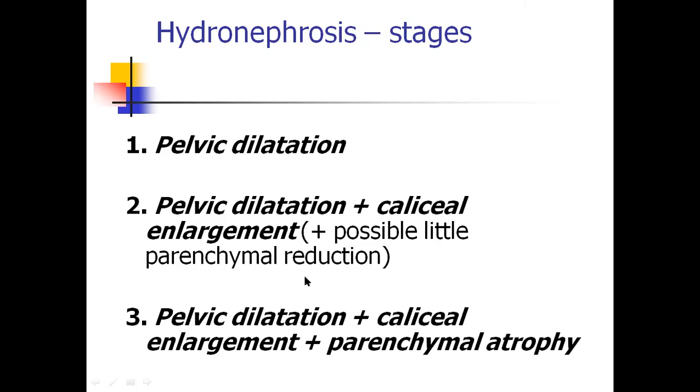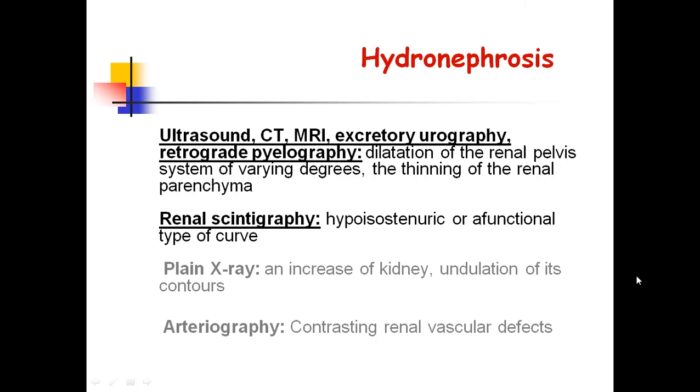And in the third stage, pelvic dilatation with calyceal enlargement and parenchymal atrophy, all these signs are present on ultrasound pictures, CT films, MRI images, and so on.